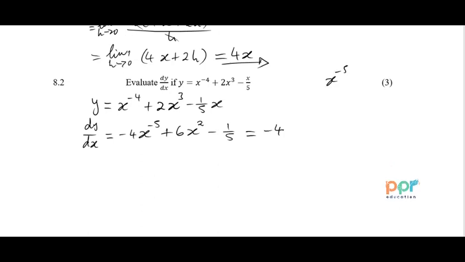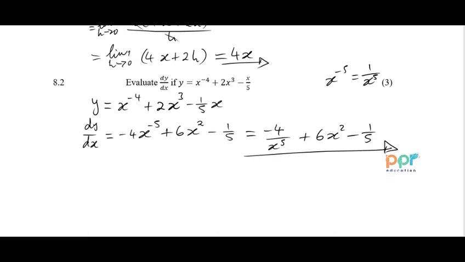I need to transpose this negative sign so that it becomes 1 on top, then I'm left with x to the power 5 as a denominator. Then times negative 4 on top gives negative 4 over x to the power positive 5, plus 6x squared minus 1 over 5. I bring everything together because the exponent there is positive.